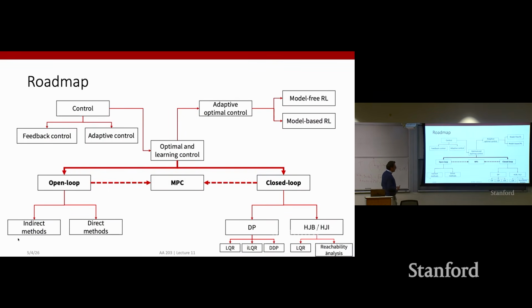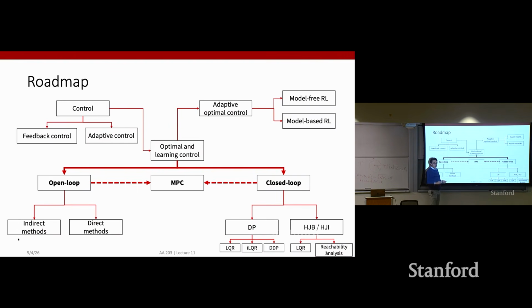Going back to the roadmap, we spent quite a bit of time on open loop optimal control. We spent quite a bit of time on closed loop optimal control. Open loop is fast, but less powerful because you reason in terms of control sequences. Closed loop is powerful, you reason in terms of policies, but computationally complex, both in discrete time through the Bellman equation and in continuous time through Hamilton-Jacobi-Bellman and Hamilton-Jacobi-Isaacs.